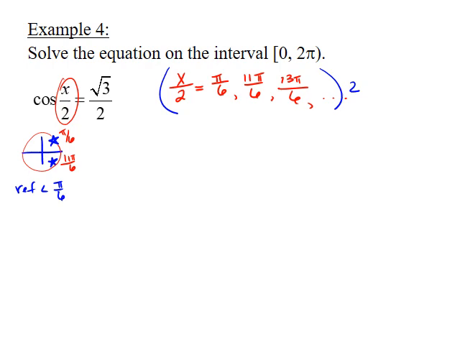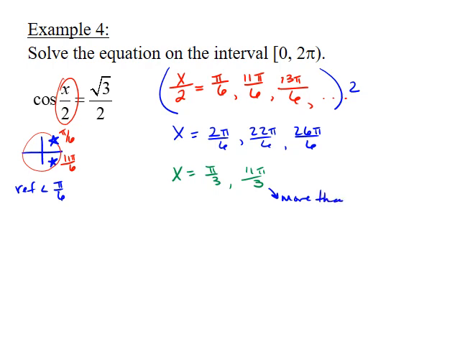When I multiply everything by 2, I get x equals 2 pi over 6, 22 pi over 6, 26 pi over 6, and so on. Reducing these gives me pi over 3, 11 pi over 3. We might want to stop here because 11 pi over 3 is more than 2 pi. So really, I just have one solution here, which is this one. That's it.